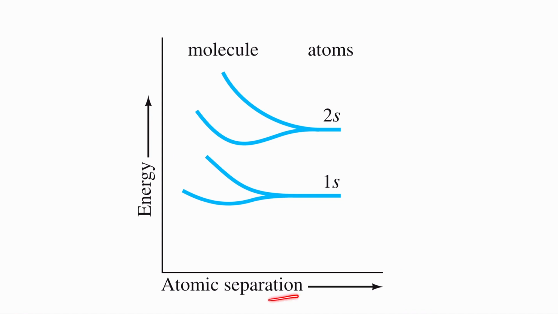As the distance between the atoms is brought to zero, this is the zero point, as we're bringing the atoms closer and closer to one another, the n equals 1 orbit is no longer just one discrete line, but it becomes two split lines, where electrons from the one atom can live on this line and electrons from the other can live on this line.